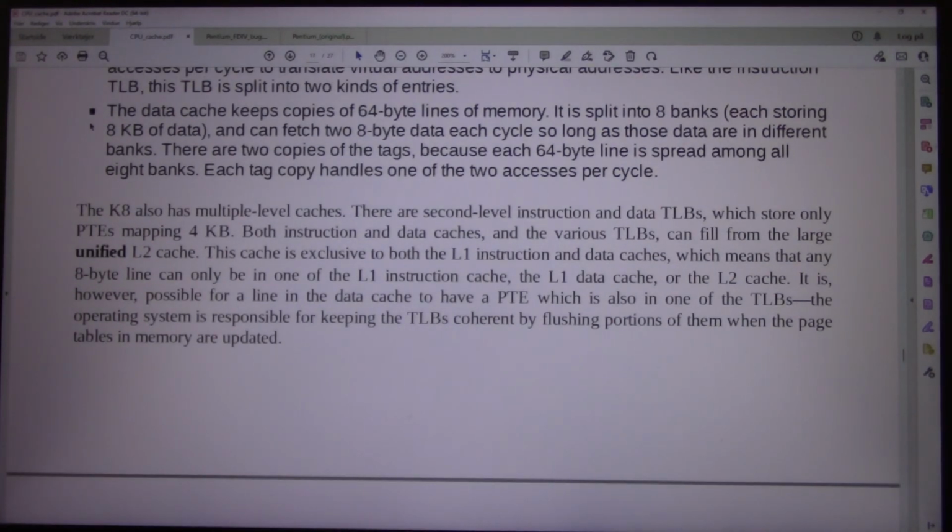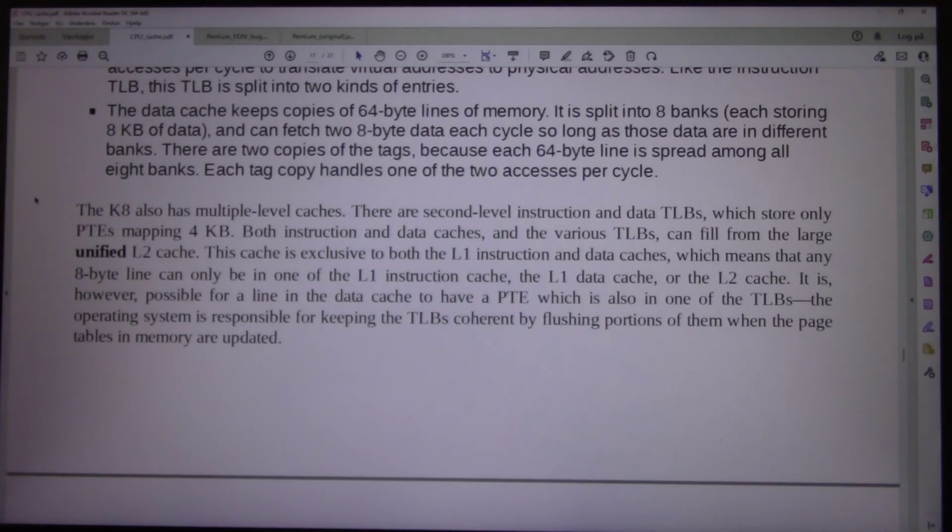It is split into 8 banks, each storing 8 KB of data, and can fetch 2 8-byte data each cycle so long as those data are in different banks. There are 2 copies of the tags, because each 64-byte line is spread among all 8 banks. Each tag copy handles one of the 2 accesses per cycle.